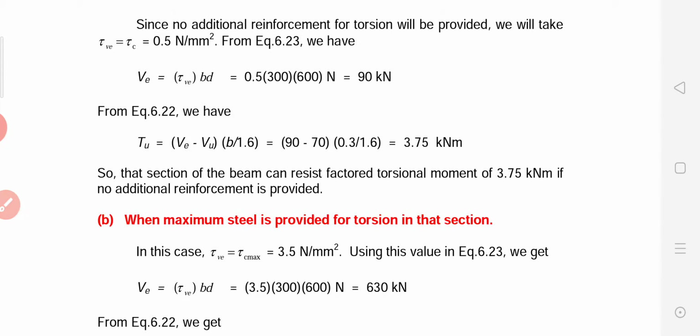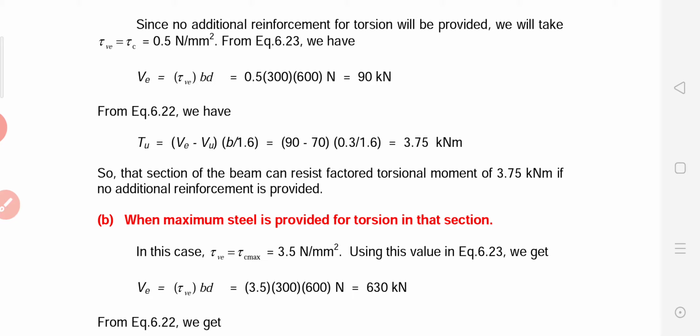Since no additional reinforcement for torsion is provided, we take tau v equal to tau c. So tau c value is 0.5 Newton per mm square, and tau v value also is 0.5 Newton per mm square.